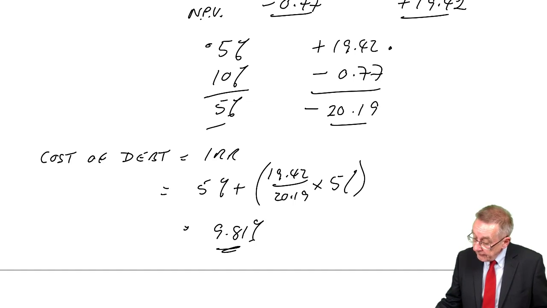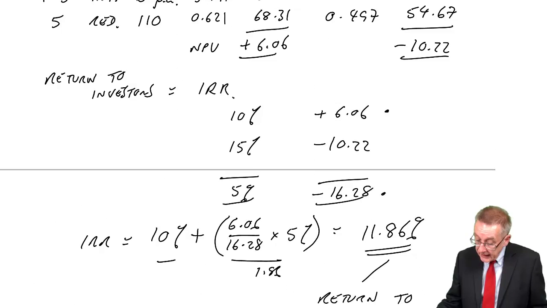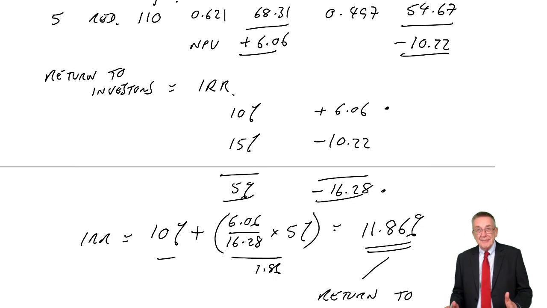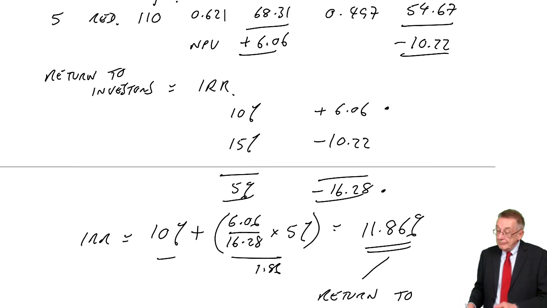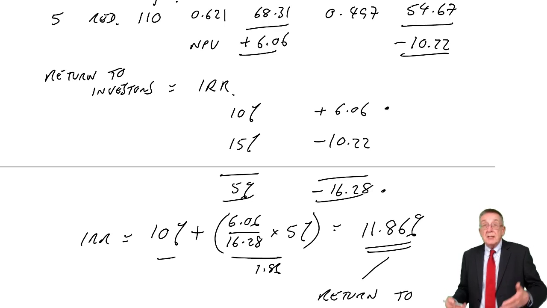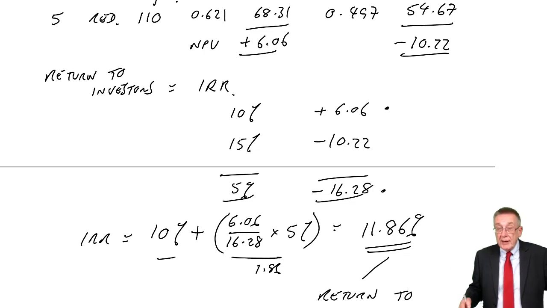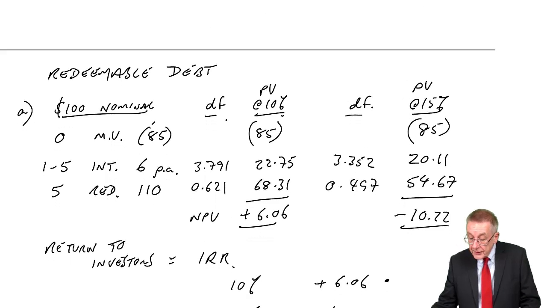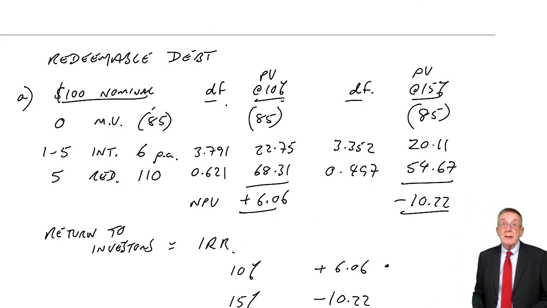Secondly, it's extremely unlikely you'll be asked to calculate the return to investors. I've done it. If you are asked, you do it on the flows ignoring tax, because the investors do receive the full interest, 6 a year, and the full redemption.